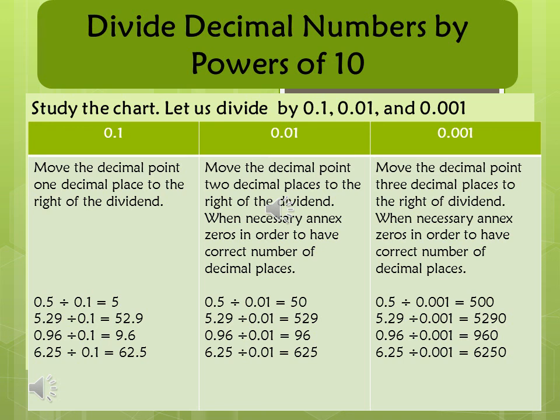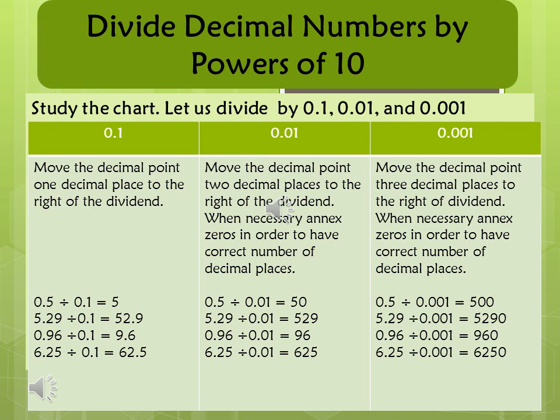Another example, 5 and 29/100 divided by 1/10. I-move natin ng isang beses ang decimal point sa kanan. So, mula dito sa decimal point, move natin ng isa. Ang magiging sagot natin ay 52.9 o 52 and 9/10. Another example, 96/100 divided by 1/10.